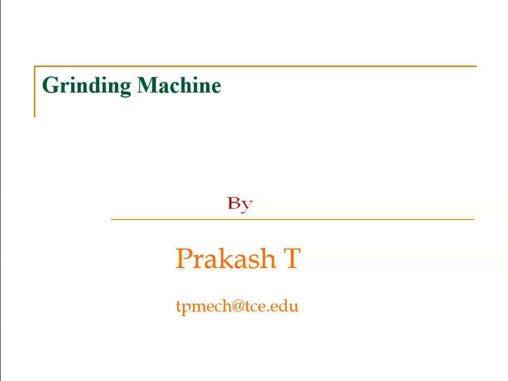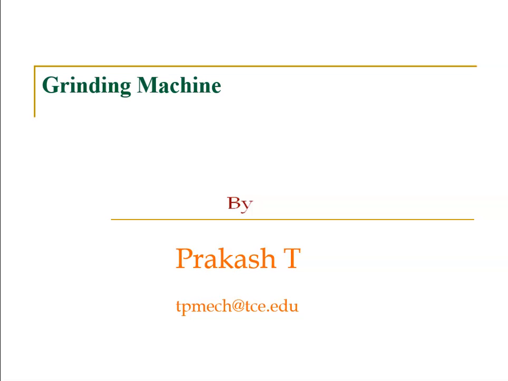Similarly, for bonding we have six kinds, such as vitrified, silicate, shellac, etc. Finally, we discussed selection of the grinding wheel, which is based on our workpiece as well as our requirement. For example, if your workpiece has a low tensile material, then you can pick a soft grade or similar. We discussed all those things in the previous class, right?